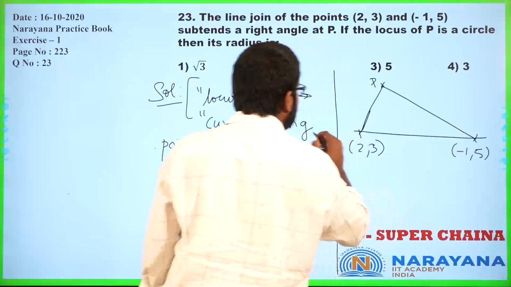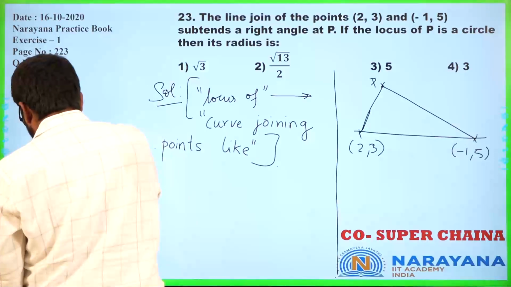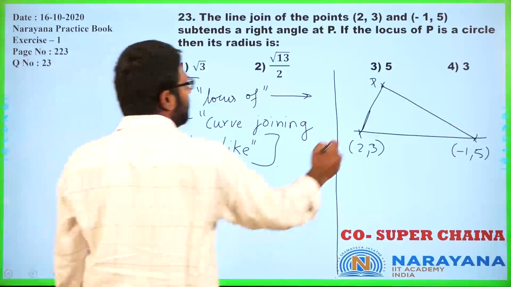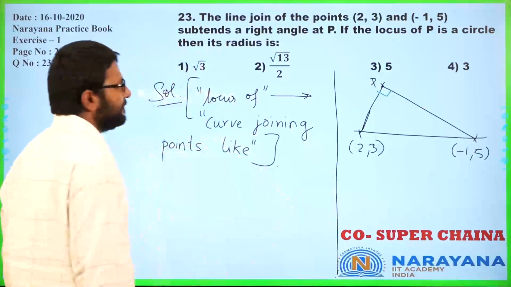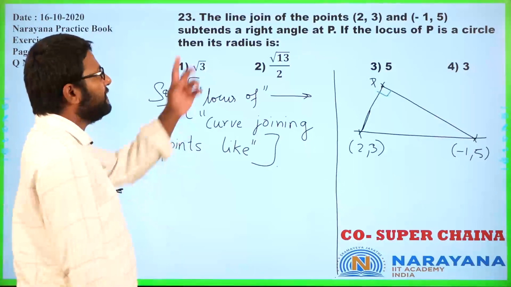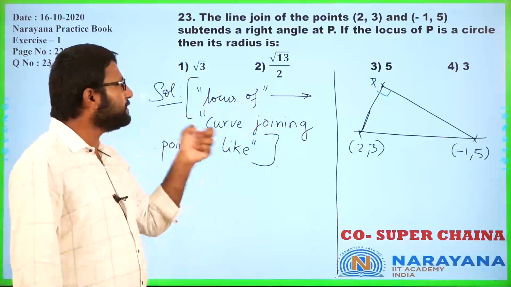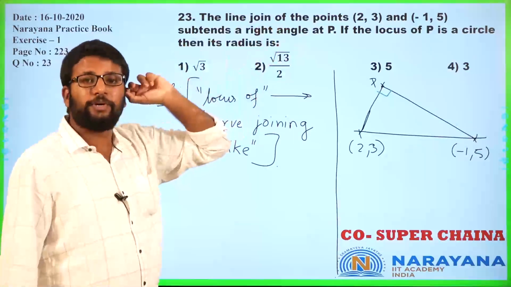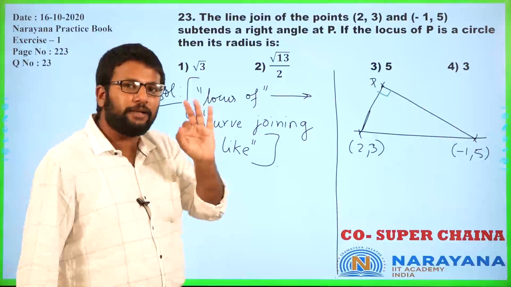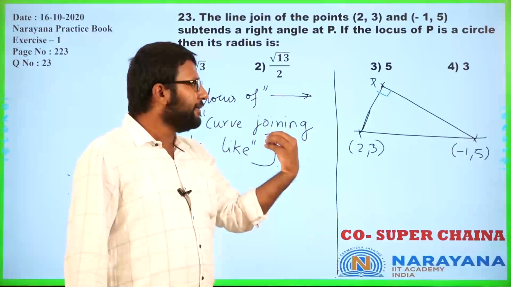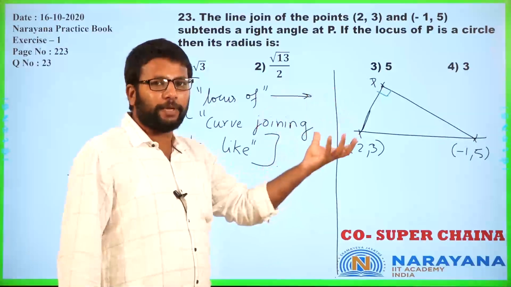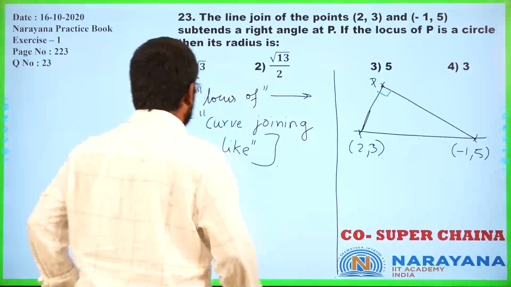What does it mean by subtends? It means the line will make a right angle at this point. That is given in the first sentence. The second sentence is, if the curve joining points like P is a circle. So we need to find the curve joining points like P. So now ask yourself, where else can I find other points like P?